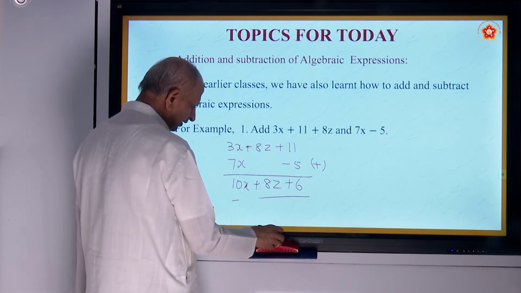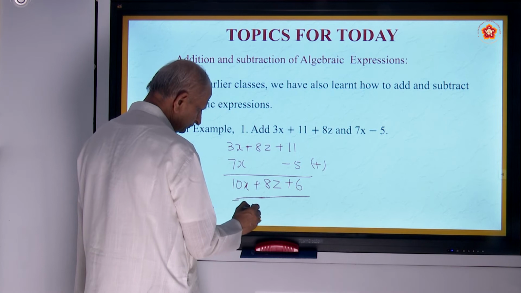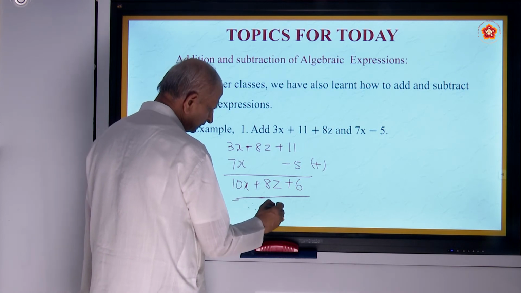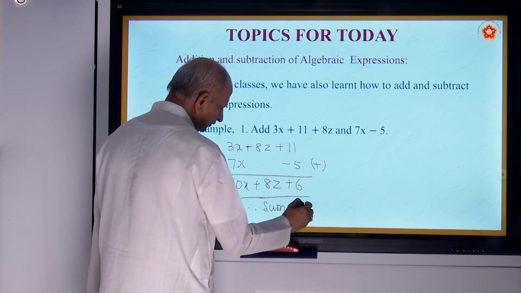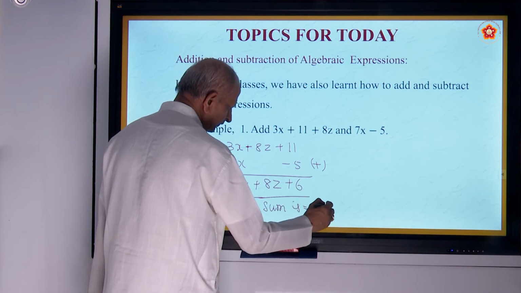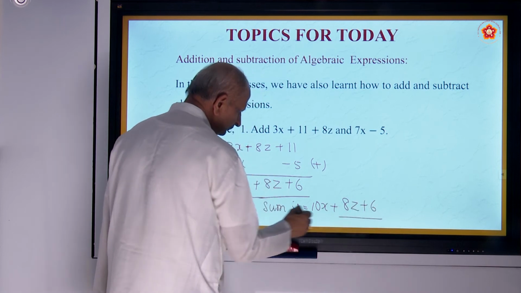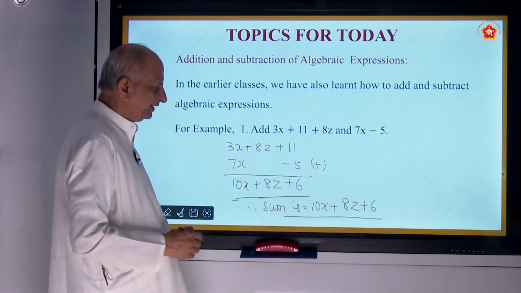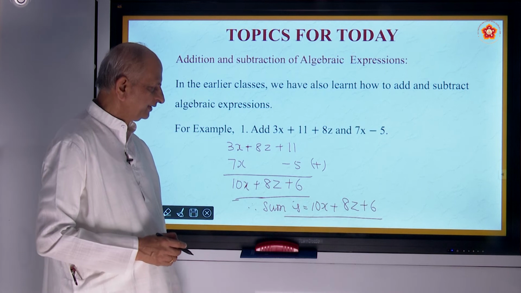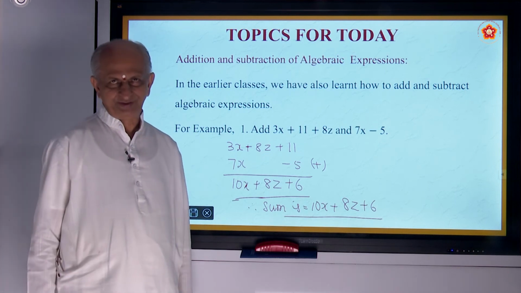As you are adding, we call it the sum. Sum of the terms is 10x plus 8z plus 6. Correct? That is the first question. Understood?